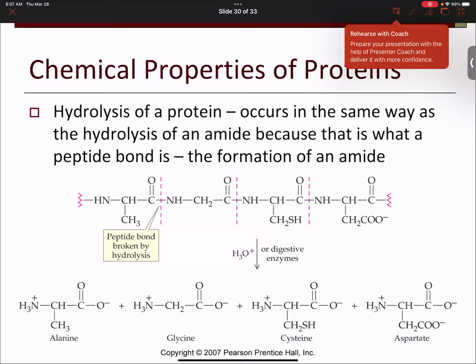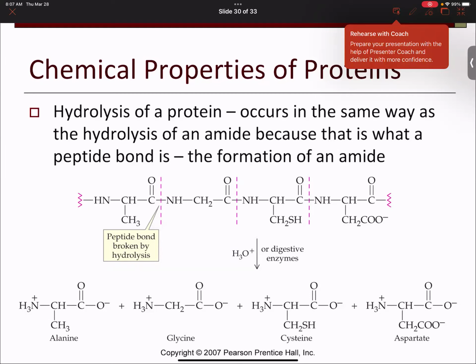Now, let's look at a possible way that a question could be asked about this. An example of a catalyst that causes hydrolysis in the body is the enzyme trypsin.